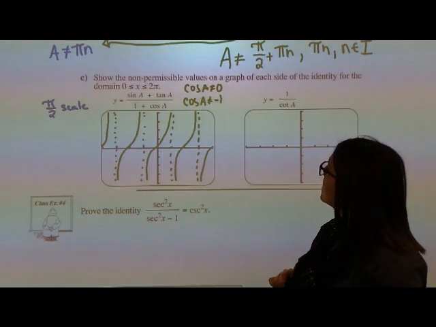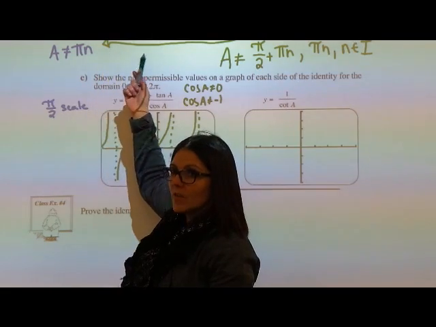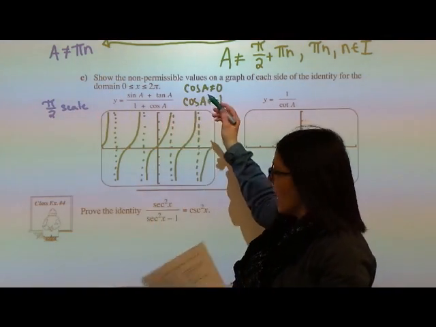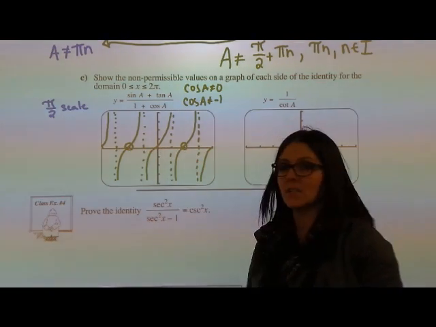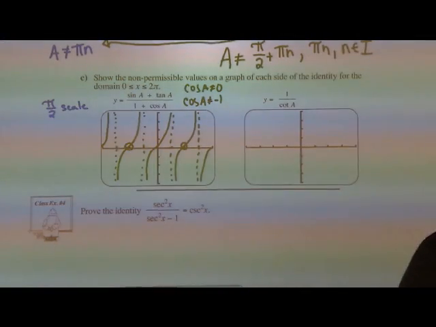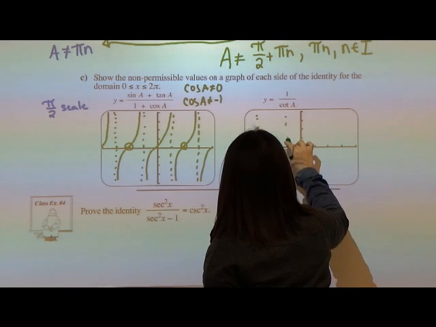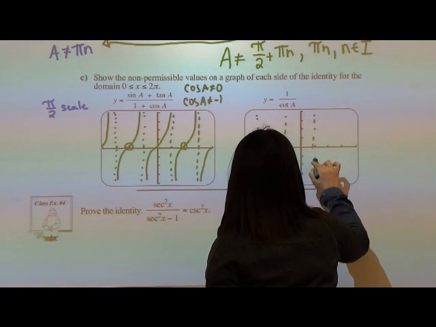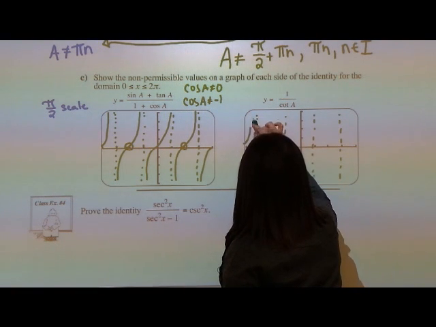Cos A can't equal -1 at pi n and then every 2 pi after that, so that's right here, and right here is where I have these points of discontinuity. So those would come in as open circles. And then the graph ends up being recreated over here. The lines are all off, but that's okay.